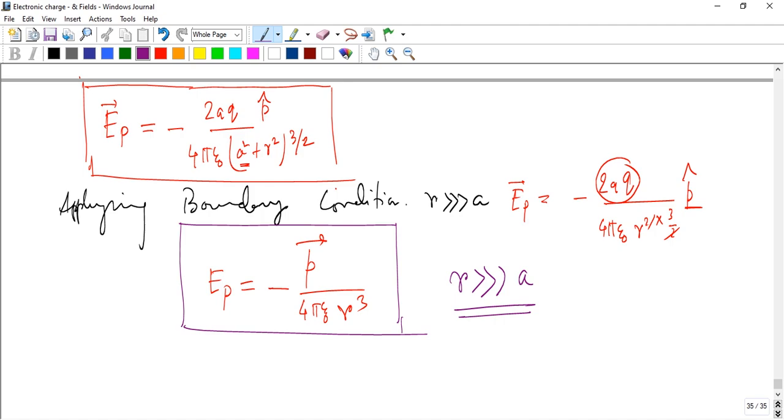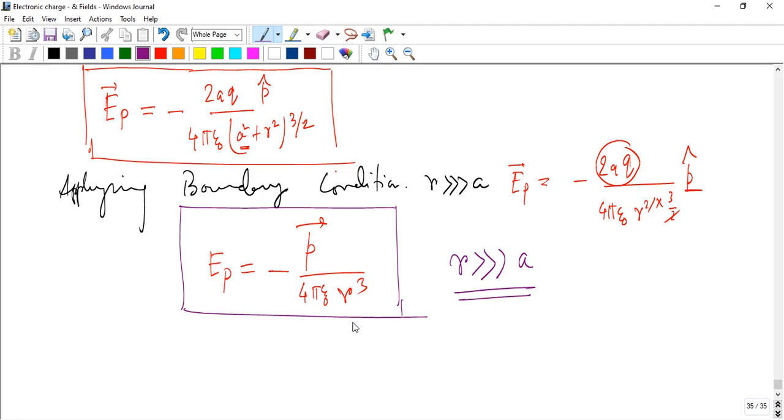Okay. So here see that some condition. If the dipole field is at large distance, the falloff is not 1 by r square, actually it gets 1 by r cube. If r is much larger, E_P is proportional to 1 over r cube.